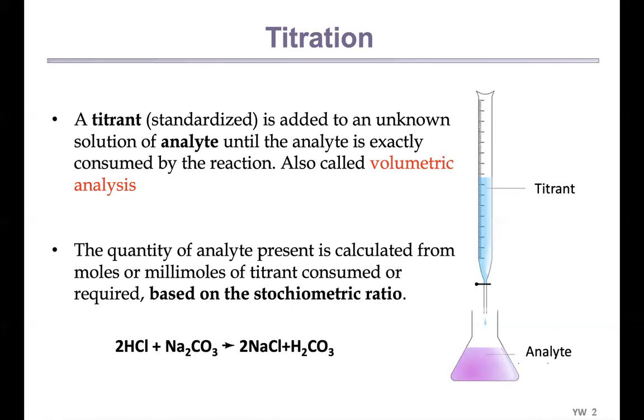So for example, if based on the volume and the concentration of the titrant, we determine that 1 mole of hydrochloric acid is used to titrate the sodium carbonate, then how many moles of sodium carbonate is present in our original sample?